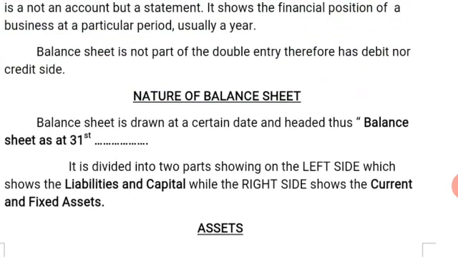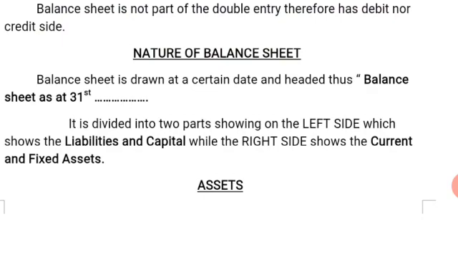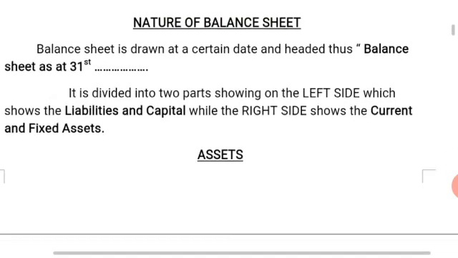For example, we can have balance sheet as at 31st December 2013, or balance sheet as at 30th September 2015, or balance sheet as at 28th February 2017. Whichever the accounting period used, the heading of a balance sheet reads thus: balance sheet as at 31st of a particular month of a particular year.